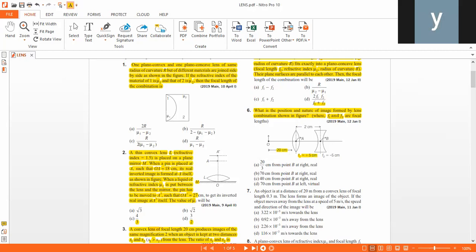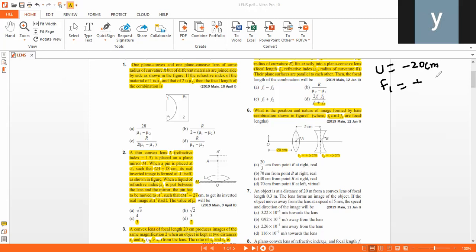So firstly I'll find at what location the image is formed by the convex lens. The image formed by the convex lens will act as an object for the concave lens, and they give the focal length of the concave lens.